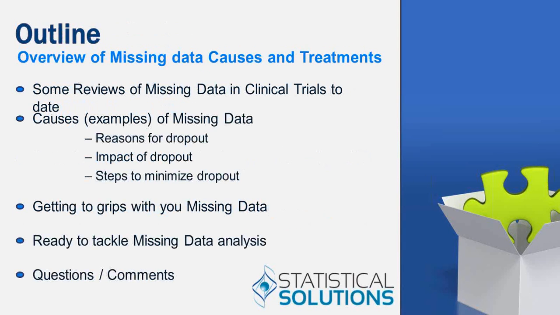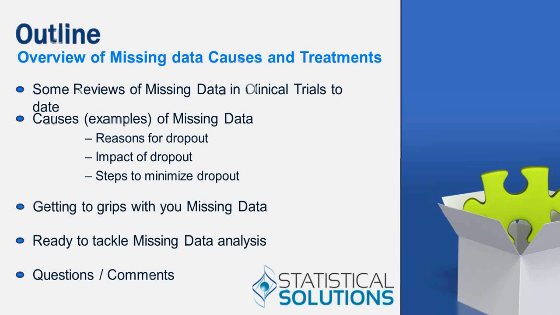So to get started then, just an overview of what I'll be talking about today. I'll be talking about some reviews of missing data analysis in clinical trials to date, various reports that are out there in the public domain at the moment. I'll give you an overview of some causes and examples of missing data in the clinical trial setting, such as reasons for dropout, impact of dropout in clinical trials, and also various steps to minimize dropout.